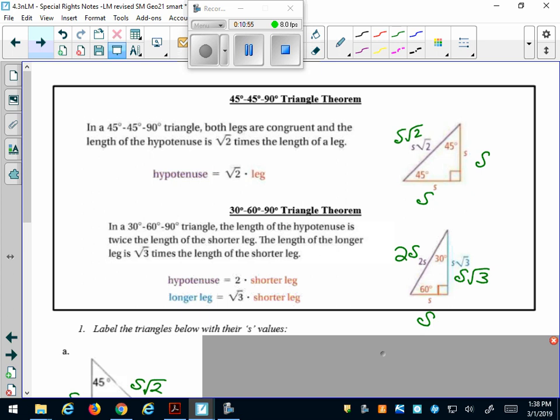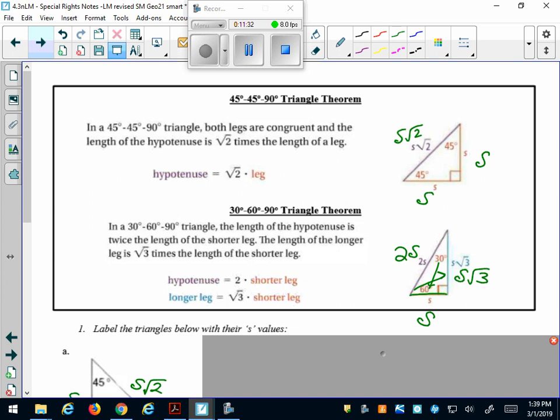Okay. With a 30, 60, 90 triangle, the side across from 30, the smallest angle, is always across from the shortest side, right? So the shortest side we're going to call S. The hypotenuse is always double that, 2S. And then the side across from 60, we're going to call it S root 3. Okay, so we've got S across from the 30, S root 3 across from the 60, and then the hypotenuse is 2S.